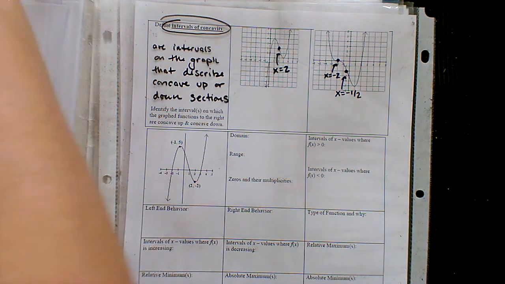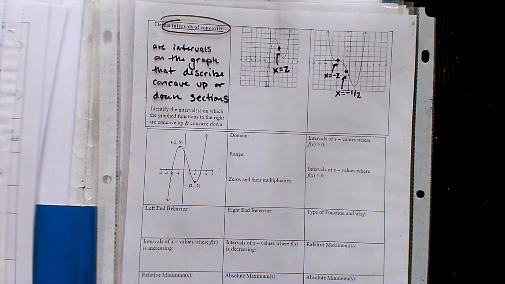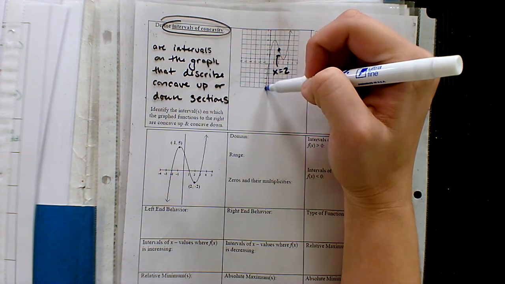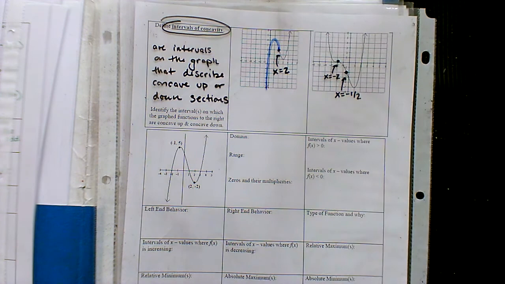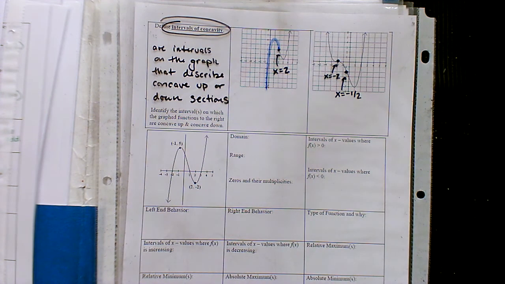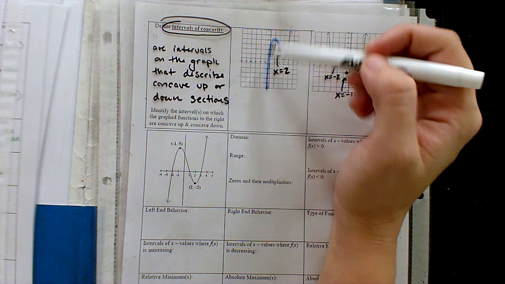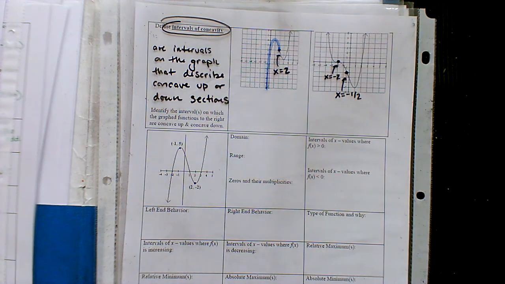Take a look. So these are the points of inflection. These are where the curvature of the graph is changing. So if we were to start to trace the graph, maybe we'll do the first one. If we start to trace the graph, and then we have to stop at the point of inflection because that's where the curvature is changing, notice how this initial section that I traced looks like an upside down parabola.